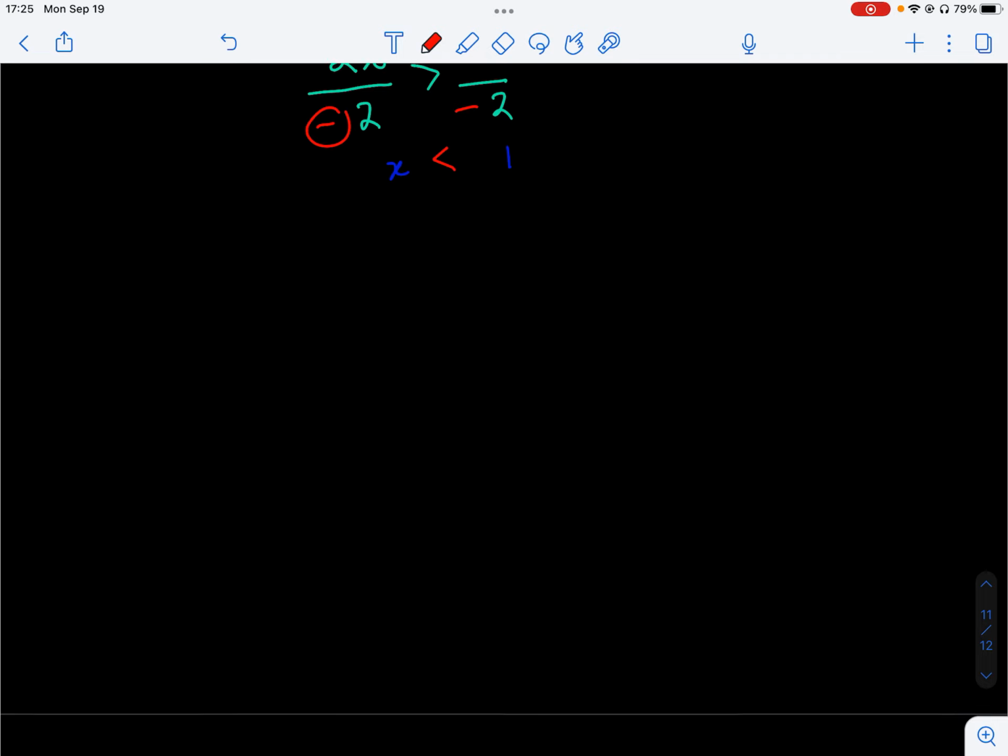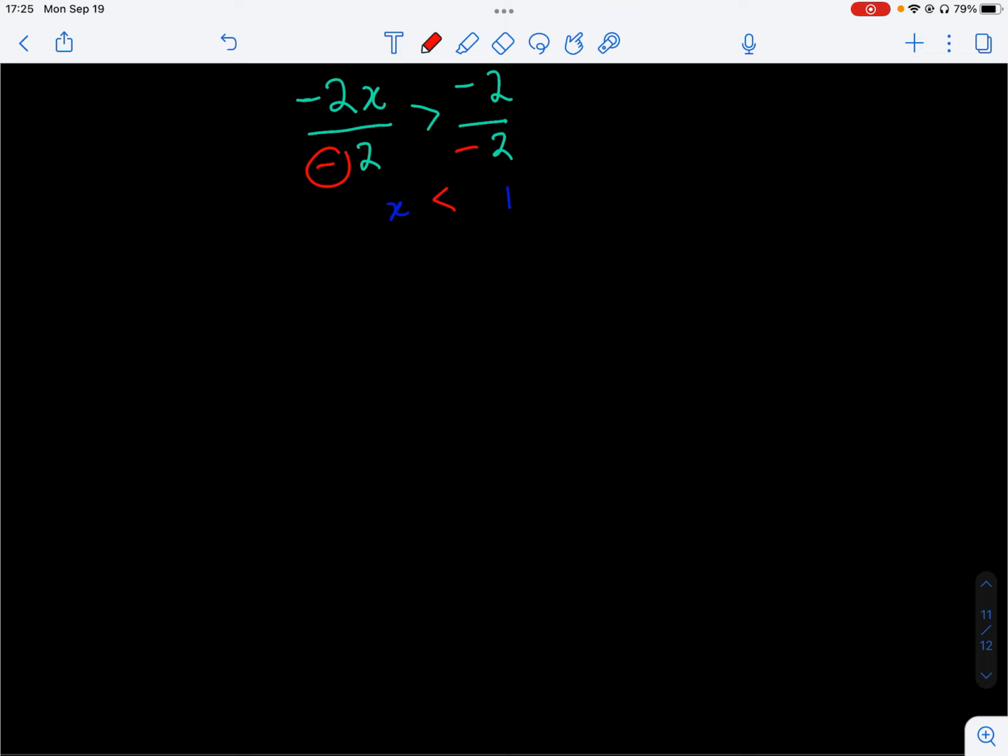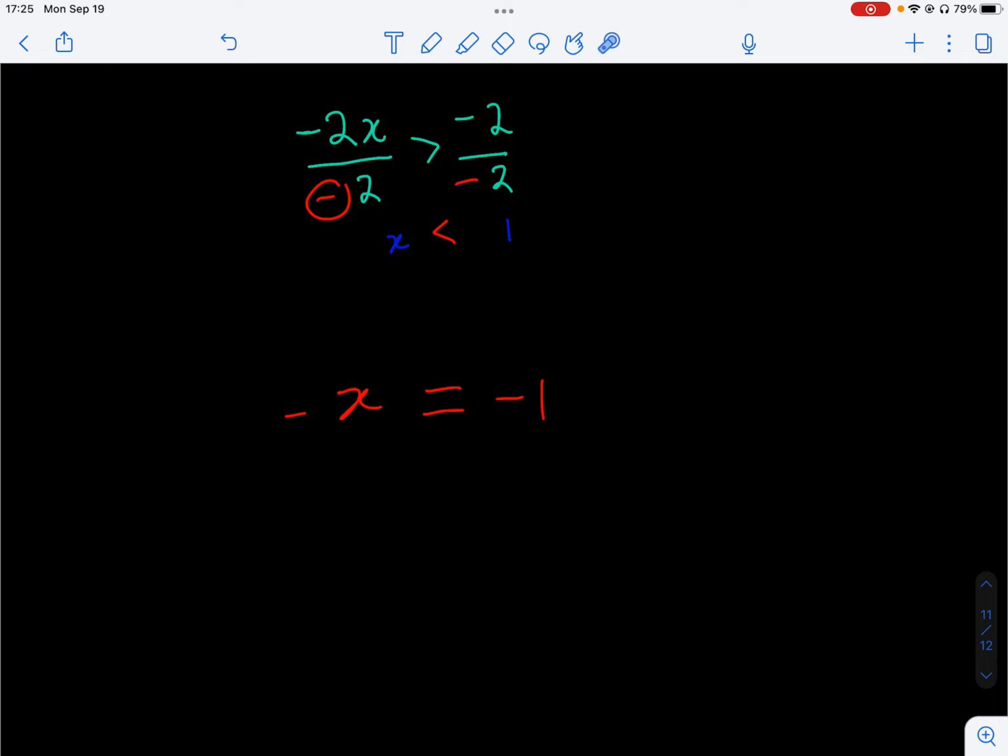And of course, I will remind everybody, why is this not the case with, like, if I say negative x equals negative 1, why do I not flip the equal sign? Well, remember, if we were trying to read the equal sign, I can say negative x equals negative 1, or I can say negative 1 is the same as negative x. Negative x is the same thing as negative 1.